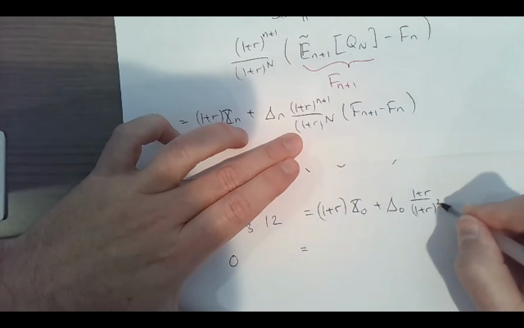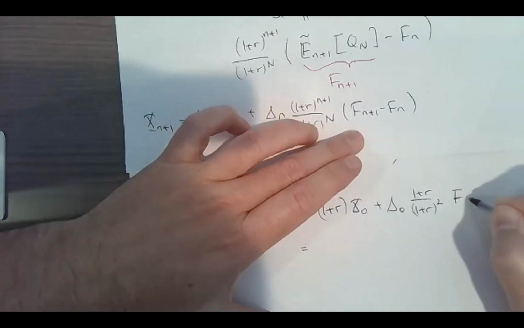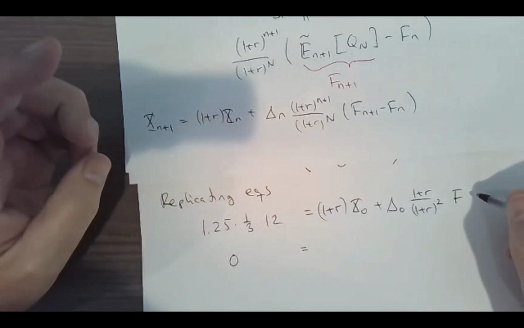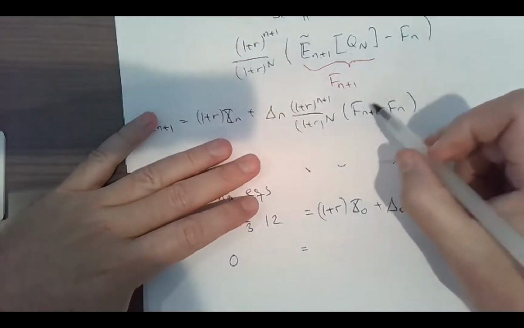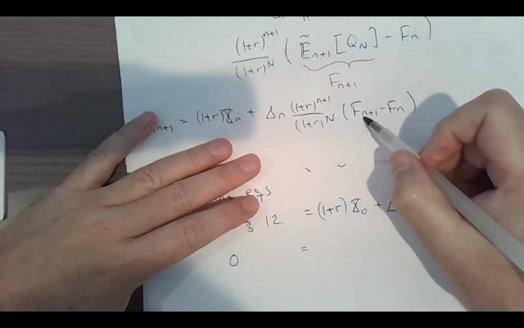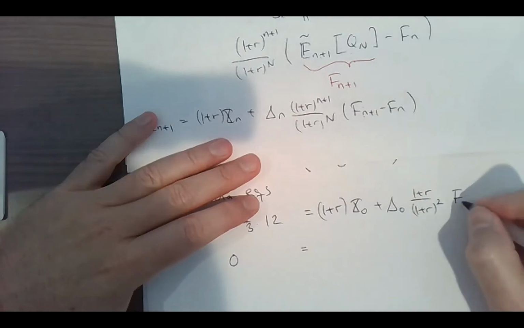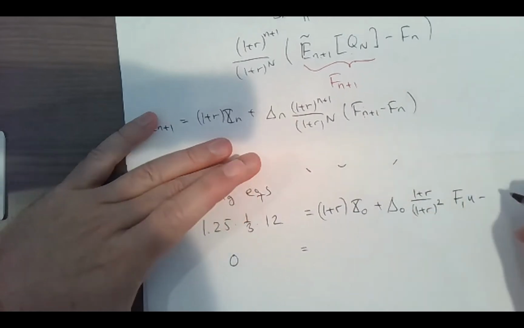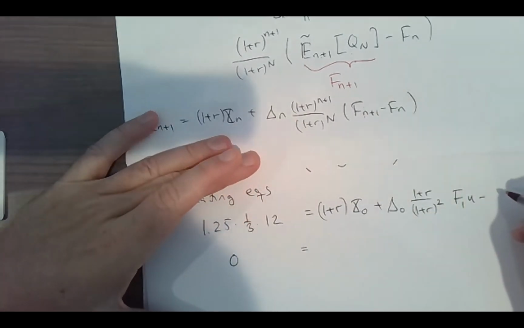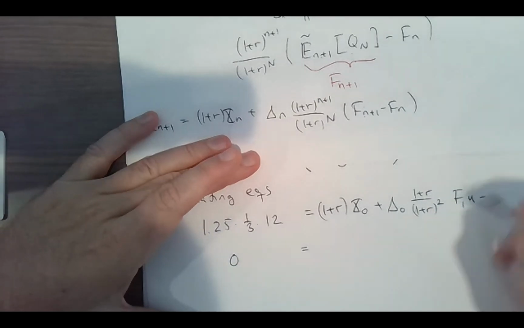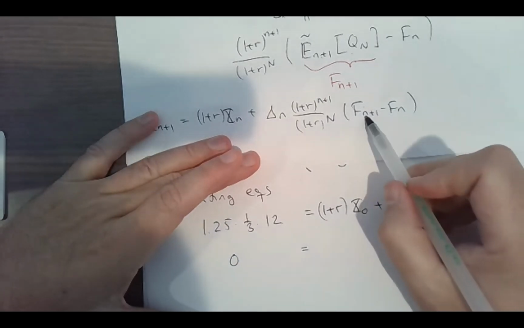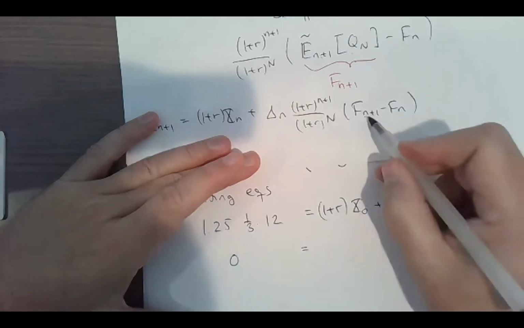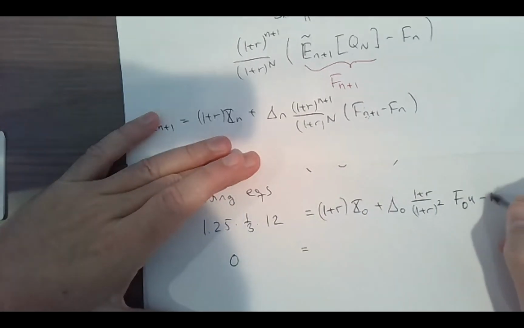N here was 2, so this is squared. Then you get f2. So f2 here is F1 times U minus, so this is if n is equal to 0, so this is F0 times U minus F0.